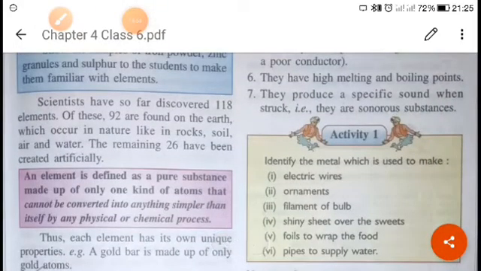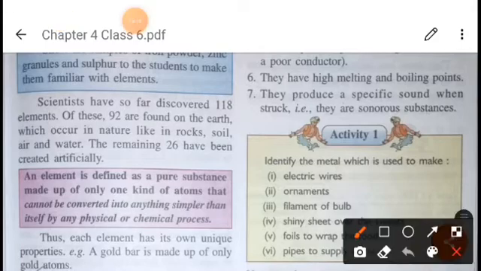Now, when we talk about elements, so far 118 elements have been discovered. When you see the periodic table, you will see that scientists have discovered 118 elements. Out of that, 92 are found on the earth, in the earth's crust.